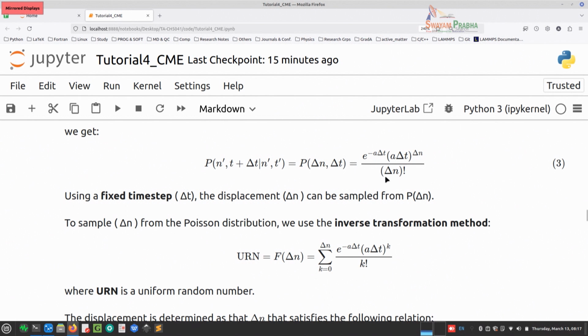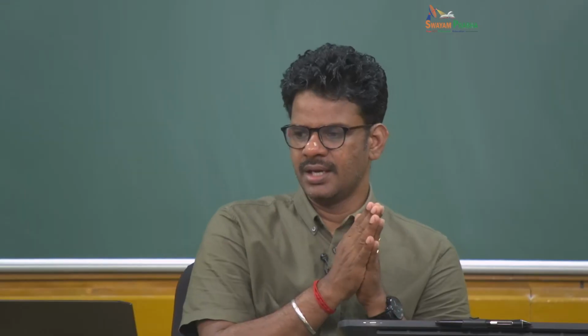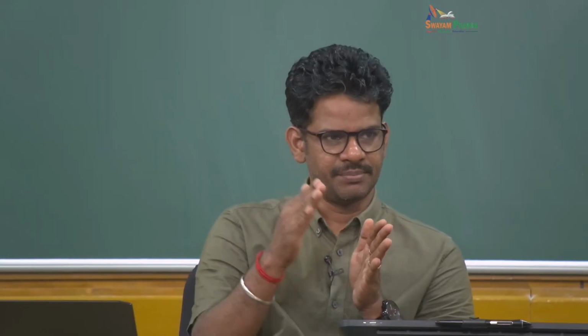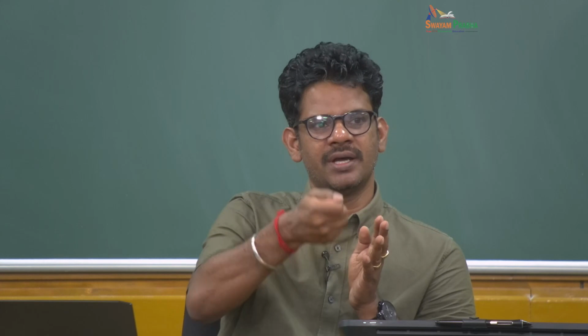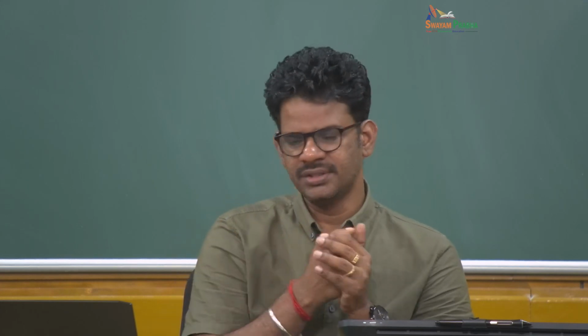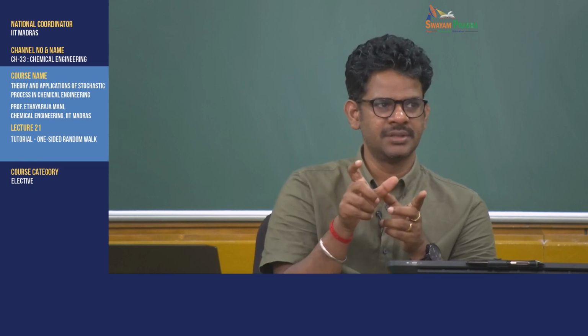So here what we need to do is at every time step delta t, we have to draw a random variable based on this Poisson distribution that tells you the increment in the step length, okay. Python actually has an inbuilt random number generator that, if you specify the parameter a delta t, will give you a random number.